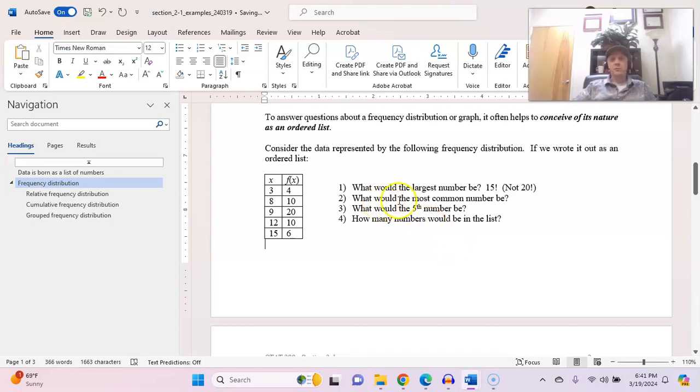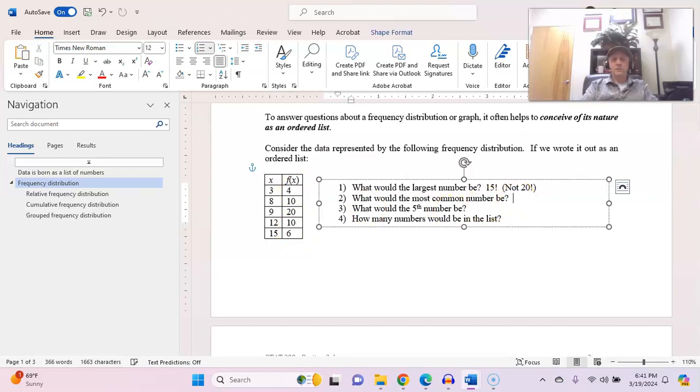Question number 2, what would the most common number be in this set of data? Most common. Some people would say 10 because they see the number 10 written here twice. Is that true? No. There are 20 nines, and that is the most common number in the list because all these other numbers are repeated less than 20 times.